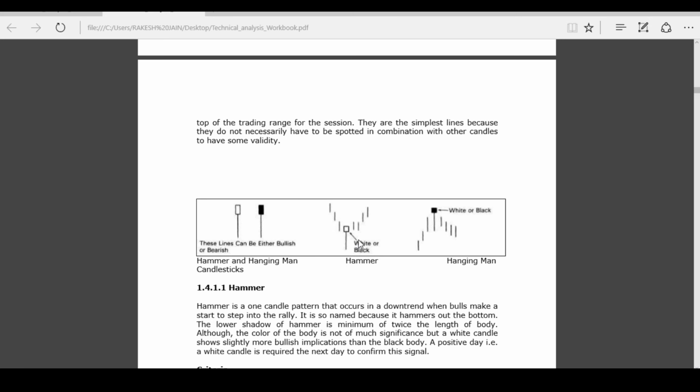Now let's move on and understand how to use candlesticks. It's not exactly a downtrend, but it shows that there was a lot of weakness in that stock. The stock could not sustain the high and the open. It's a sign of weakness.